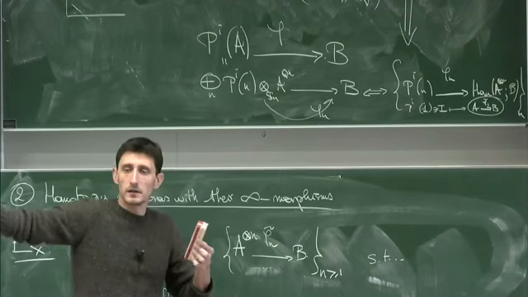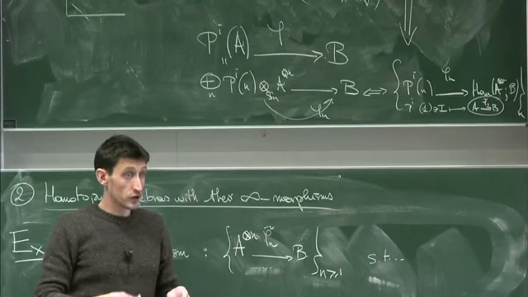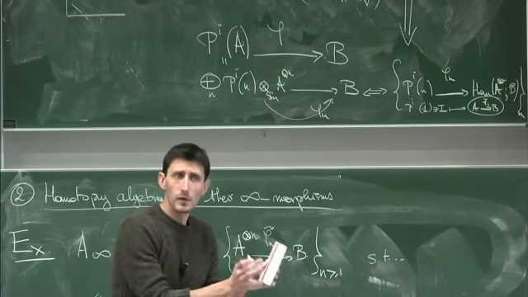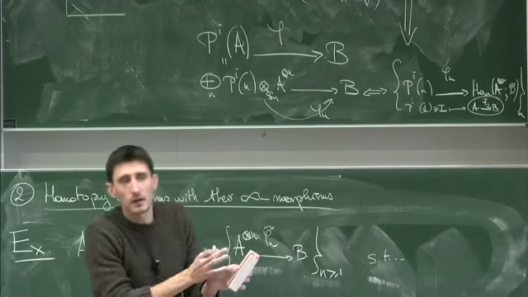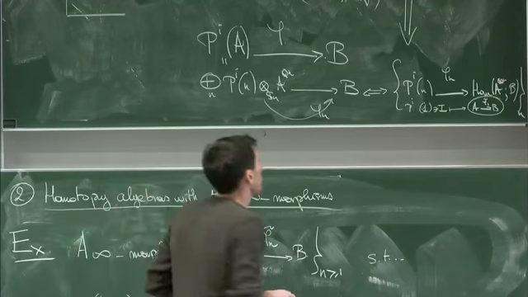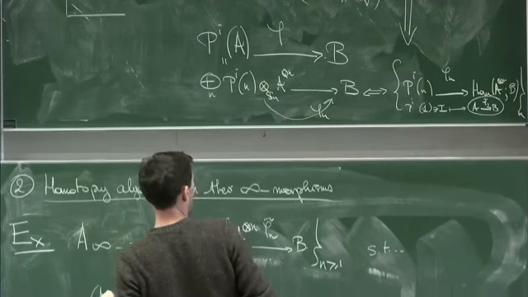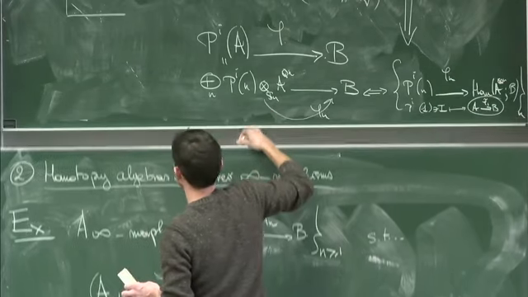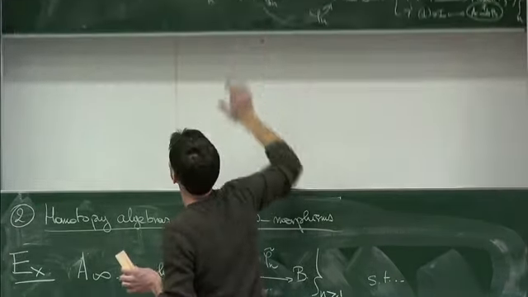And then we have higher guys. It's like for structures: what is an A infinity algebra? It's a binary product, except it's not associative.